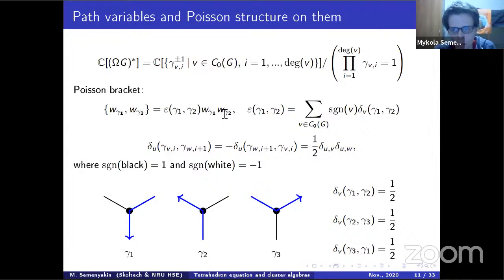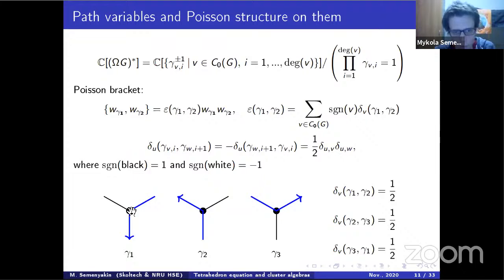The bracket is quadratically constant, so the Poisson bracket of these two variables is proportional to their product, and this numerical factor is half integral and can be computed vertex-wise, vertex by vertex. To compute it, we have to take all vertices where gamma 1 and gamma 2 intersect, and compute the local intersection form of these paths.